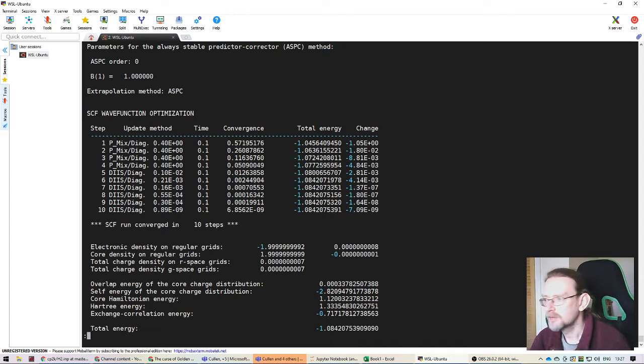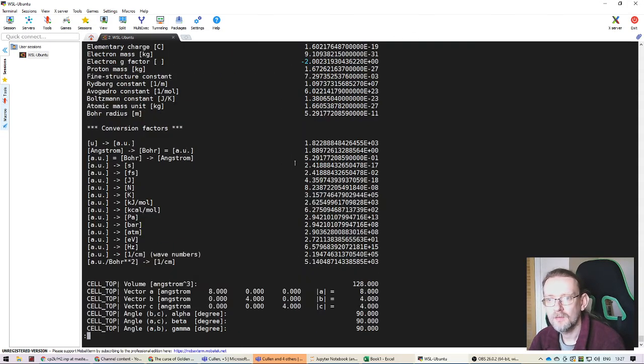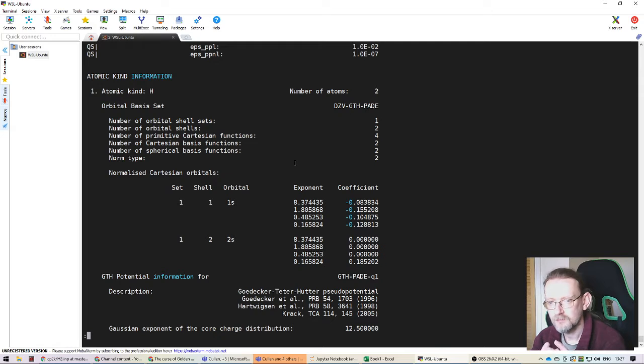So what it does in this case is it calculates the electron density for a hydrogen atom.